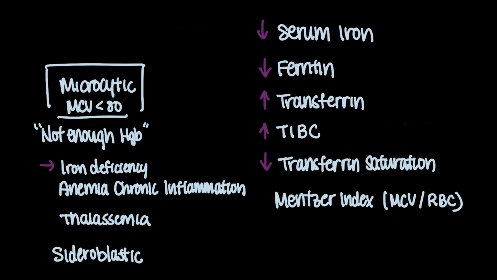In states like anemia of chronic inflammation, our body is trying to keep the free amount of iron low in our blood so that other things don't have access to it to further harm the body. One concept that really helps to understand this is that if we have other pathogens in our blood, like bacteria, they really love to have iron because they themselves need some iron to carry out their metabolism.